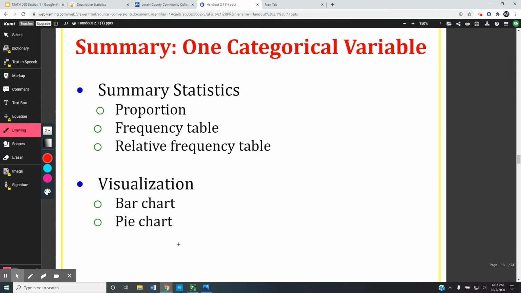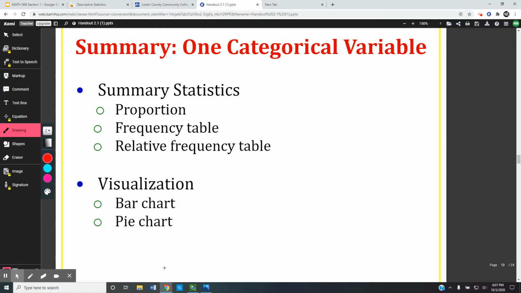Summarize. One categorical variables: they use a proportion, a frequency table, and a relative frequency table for their summary statistic. Their visualization is a bar chart or a pie chart.